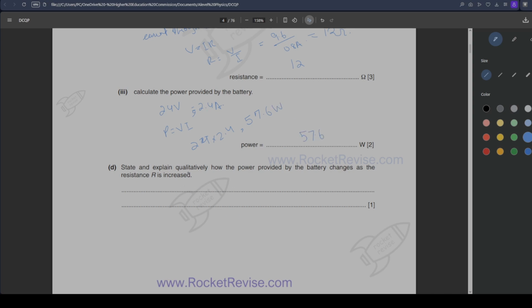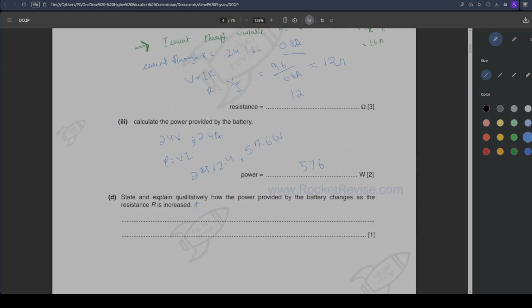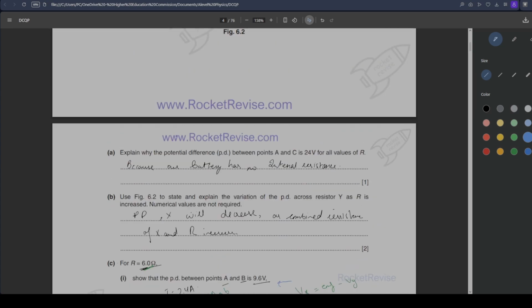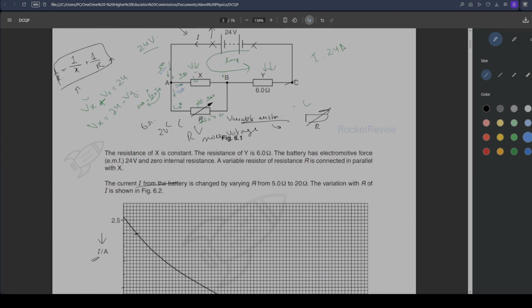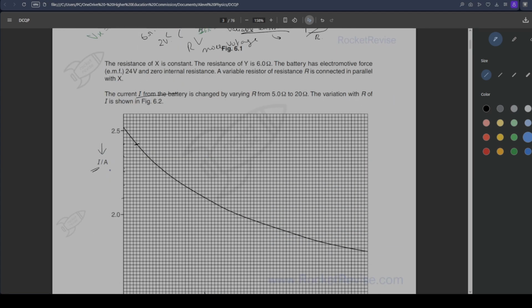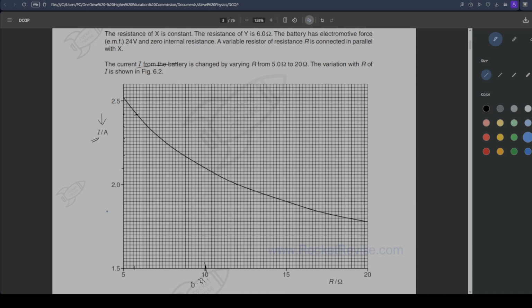State and explain qualitatively how the power provided by the battery changes as resistance R is increased. Okay, so as resistance R is increased, the current from the battery, I, is decreasing, and power is equal to V times I. This is our EMF.